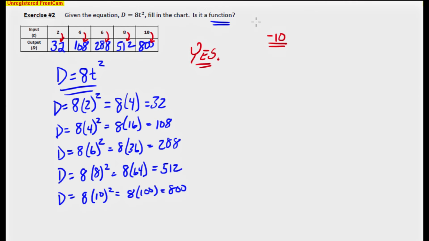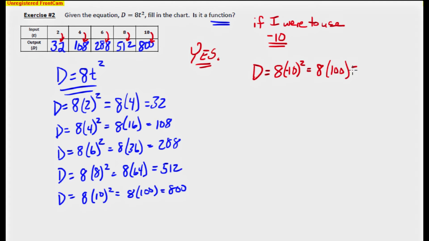But if I were to use -10, some people may say, wait a minute, when I plug in -10, I'm going to put a negative sign right there. Okay, what do I get? I get -10 squared. Remember, negative times negative is a positive, and I get 800. So, if I had a -10 out here, I would also get 800.